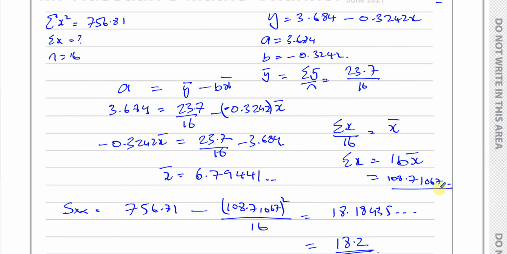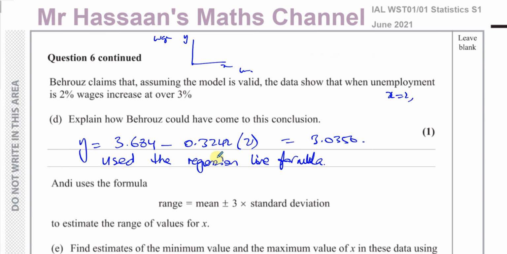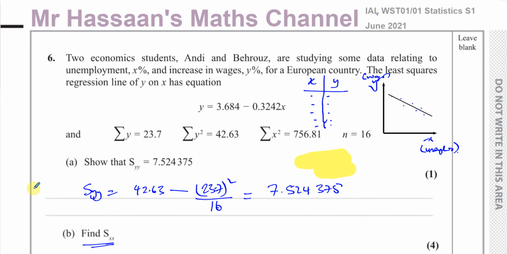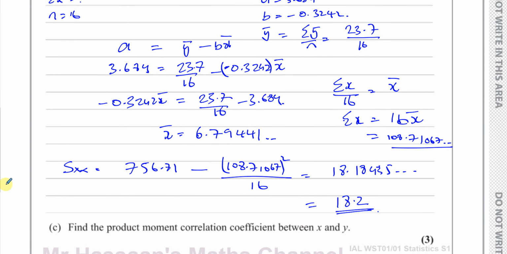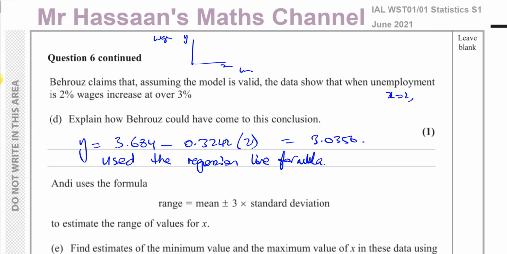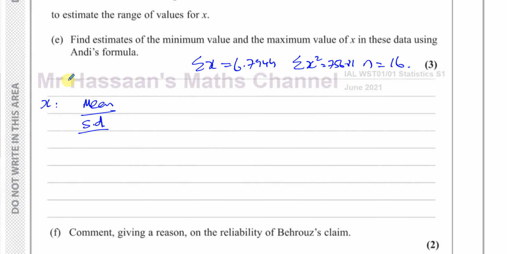The sum of the x values was 108.7106. Sorry about this, guys. So be very careful about this. 108.71. So that's not the sum of x; this is the sum of x. 108.71. So that's the sum of the x values.